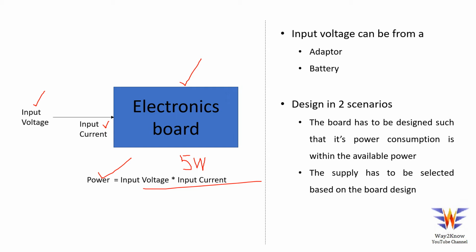Example, let us assume I have an adapter which is 5 volts, and this has 1 amp capability. So now I have this adapter already, and I have to design this board within the specs of this adapter. So that means I already have a power, so I have to design my electronics within that 5 watt.